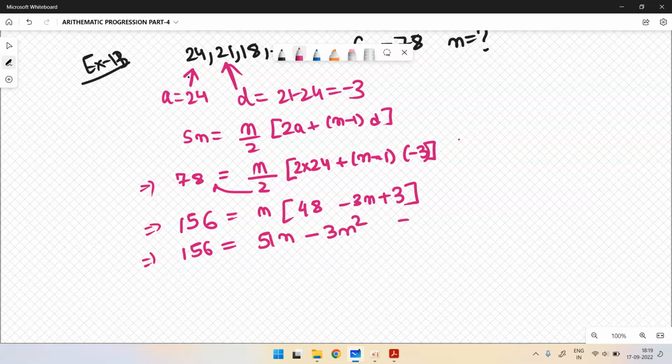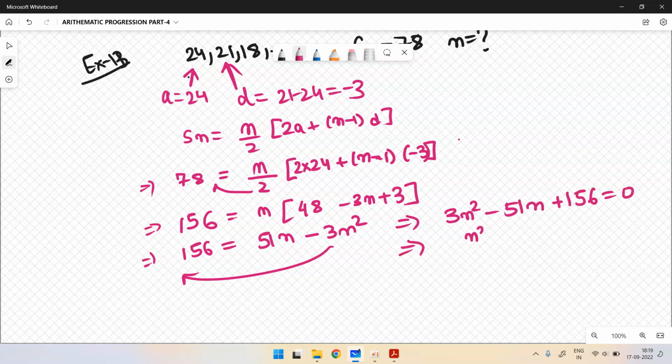Taking everything to the left side, 3n square minus 51n plus 156 equals 0. Dividing the whole equation by 3, this is n square minus 17n plus 52 equals 0.